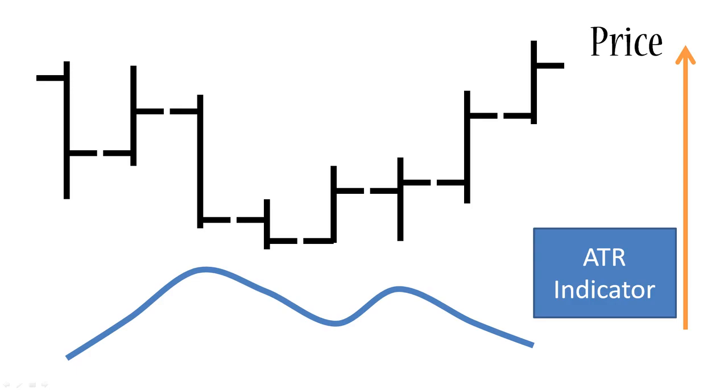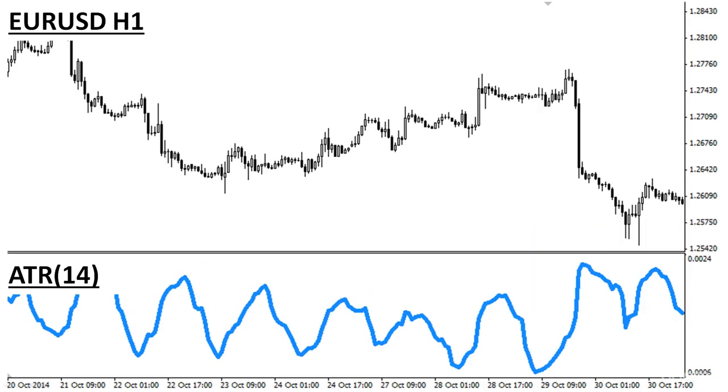And so right now we know that this average true range indicator tells us how volatile the market has been over the past 4 days. And to finish off today's tutorial, let's have a quick look at the average true range on a real chart in MetaTrader 4. So here's a snapshot from MetaTrader 4, and at the bottom you've got the average true range with a period of 14.